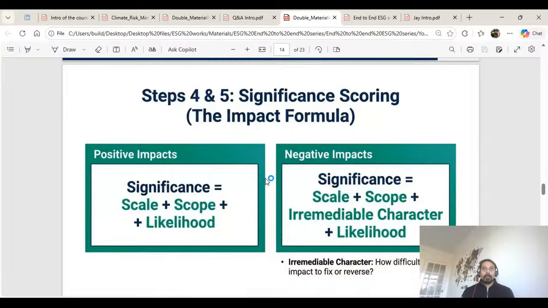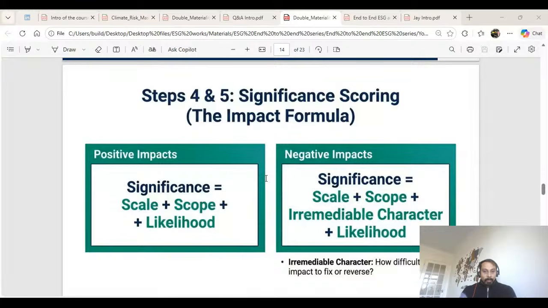Likelihood is the percentage chance that the particular impact is going to happen. This whole positive impact assessment will get feedback from your stakeholders, not from you, but you can suggest the whole process, and then your stakeholders will say okay, this is the scale, this is the scope, and this is the likelihood for us.